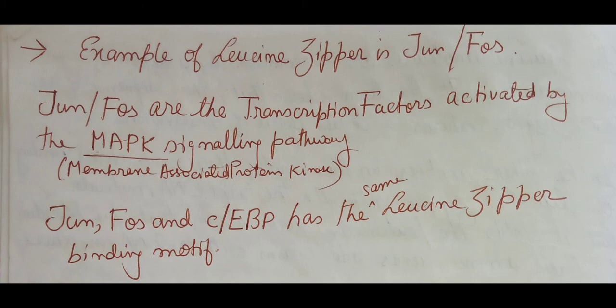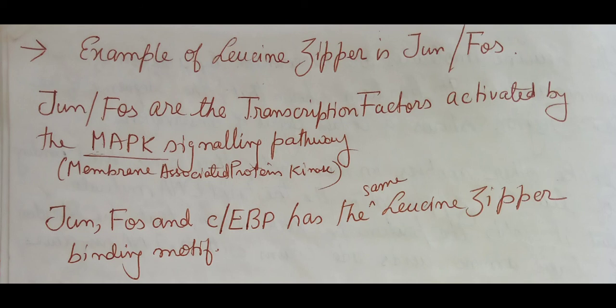In case of C/EBP, C means CCAAT sequence, and EBP means enhancer binding protein.